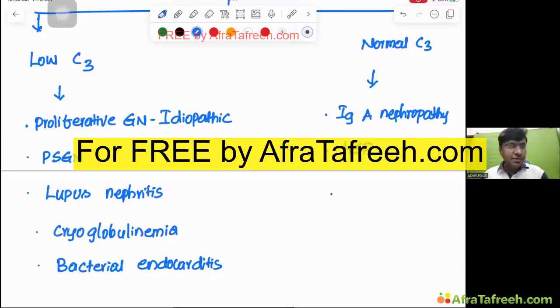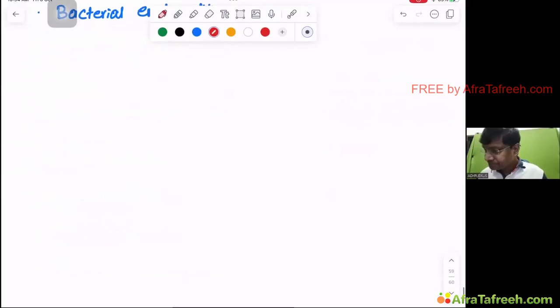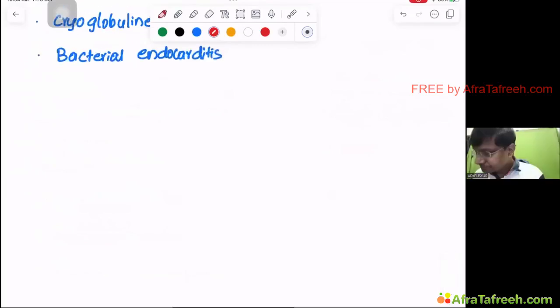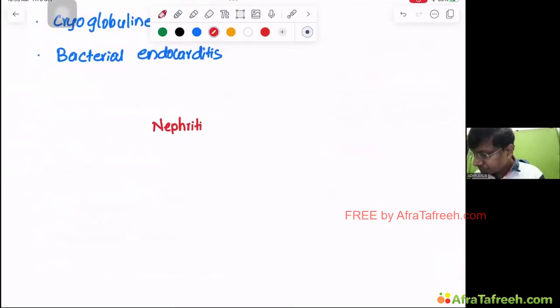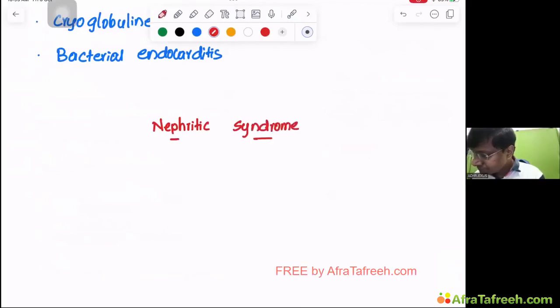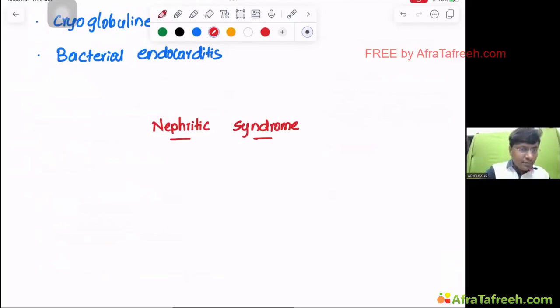Now, after having discussed the nephrotic syndrome, we'll move on to the discussion of nephritic syndrome. If you see this nephritic syndrome, we have a clinical entity called proliferative glomerulonephritis.